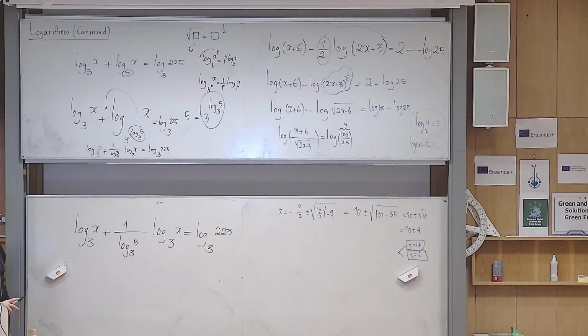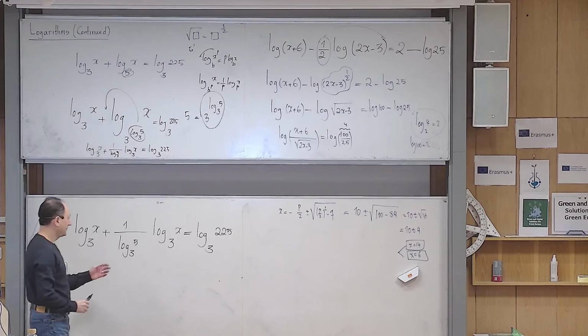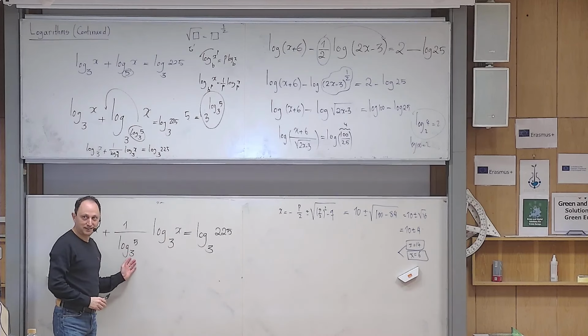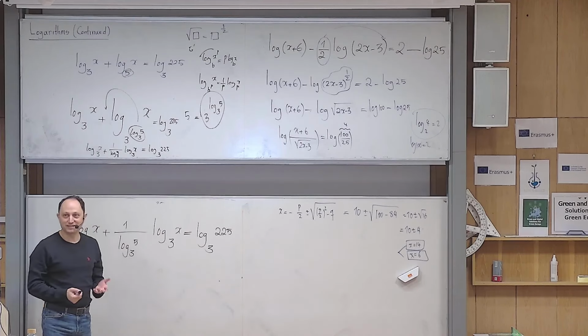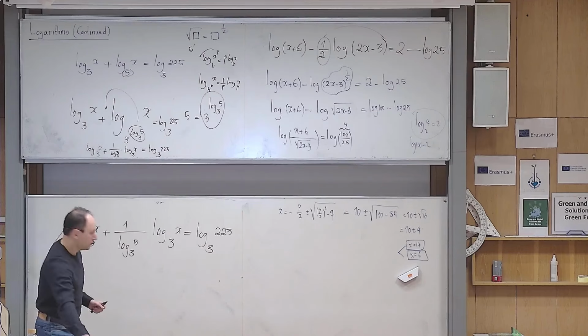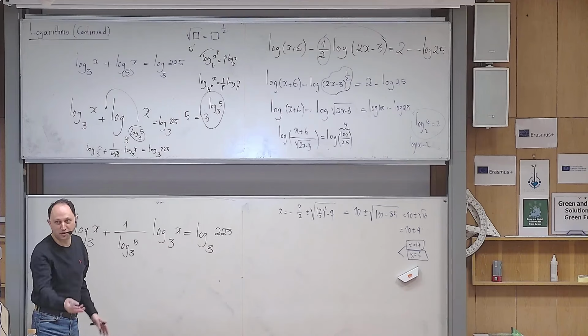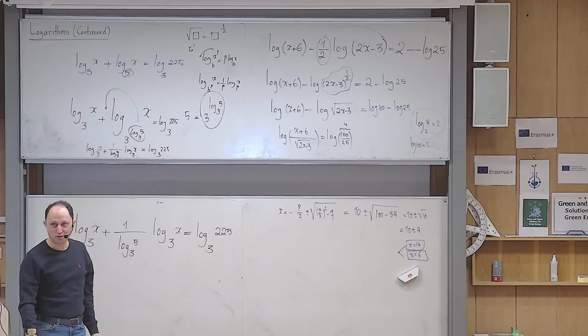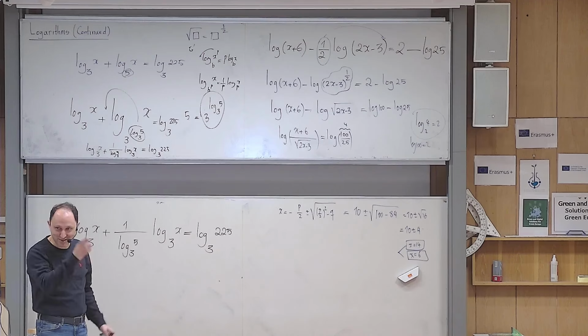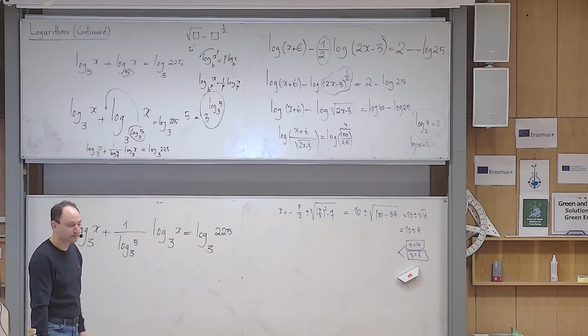Do you see now what to do yourself? Yes? To get rid of 1 over log 3, 5, can we multiply by log 3, 5? If you do that, then yes, you can do that. You can write log of 3 over 5, 3 to the 5, but then 5 becomes another base. You did all these gymnastics to get rid of that base, yes?